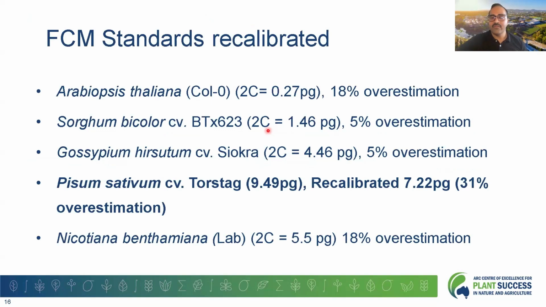We found that these 5 standards were overestimated significantly, particularly Pisum sativum, the Torsay cultivar, which was previously thought to be around 9.49 picogram, and our recalibrated estimate says that it's 7.22 picogram, which is 31% smaller than the previous value.